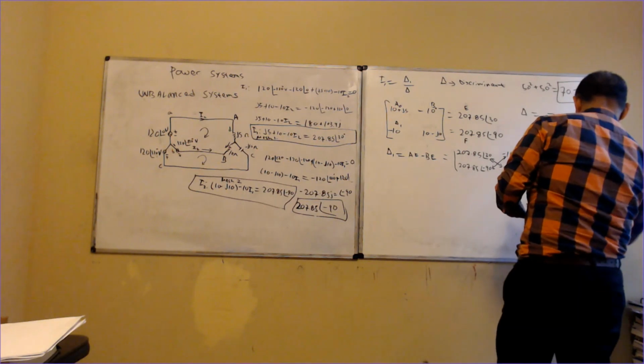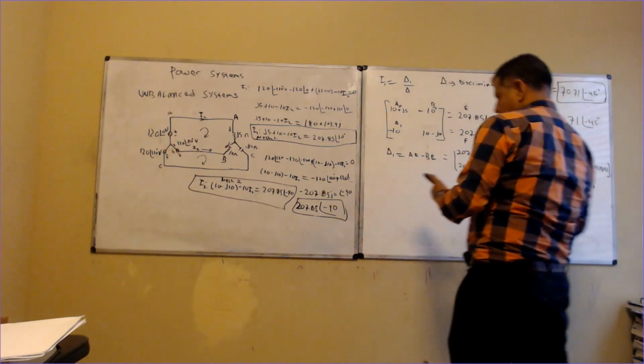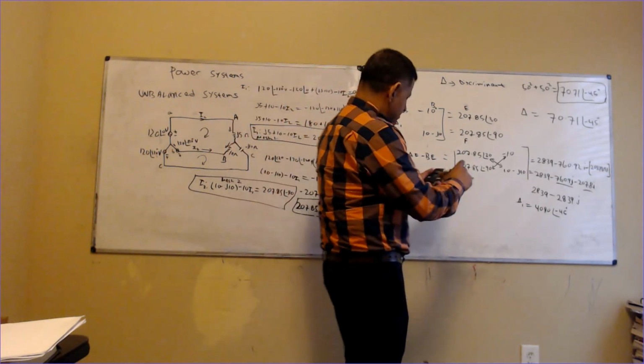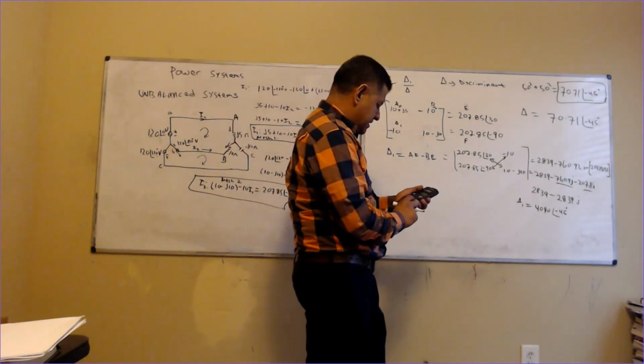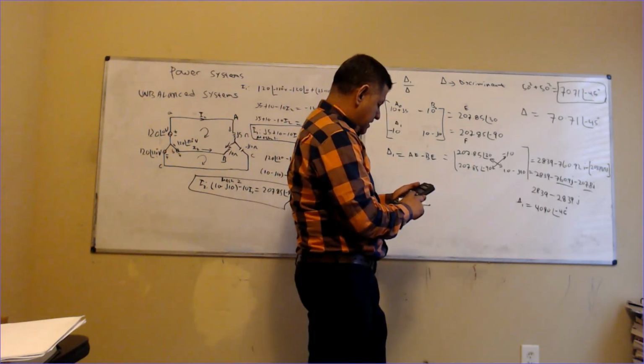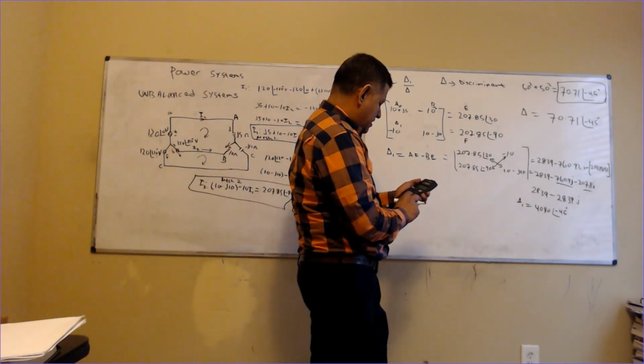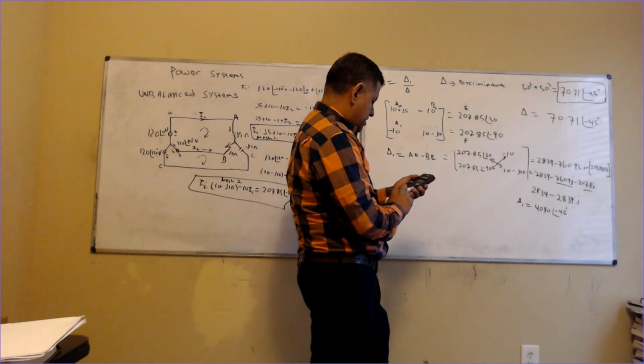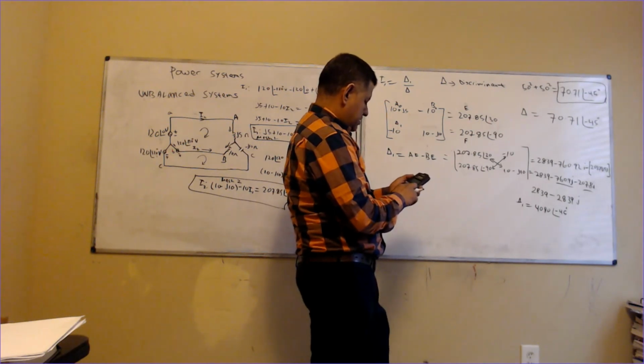All right. So now, if I take that number, right, I get divided by 71.70.